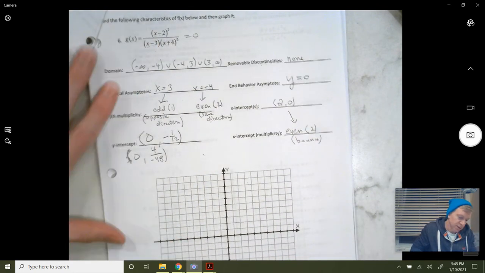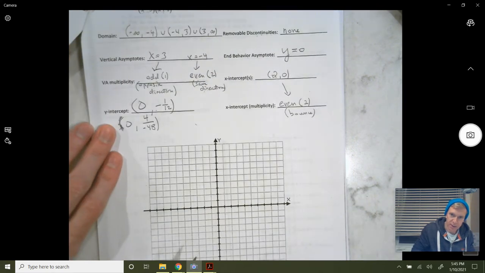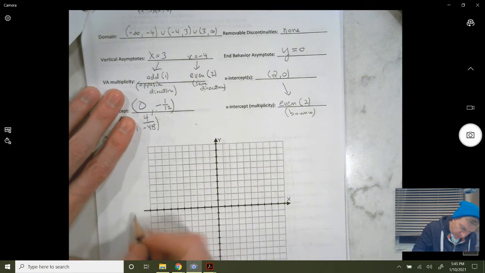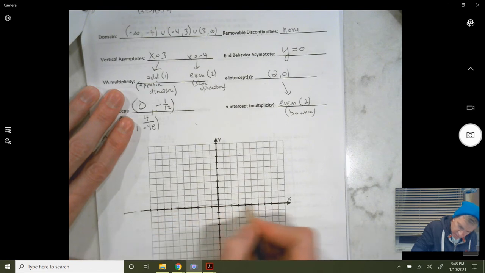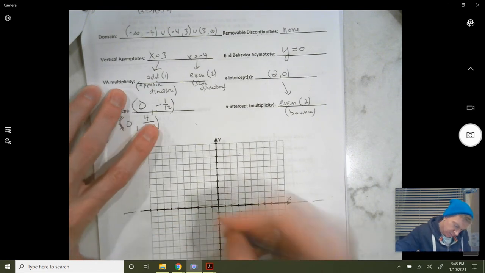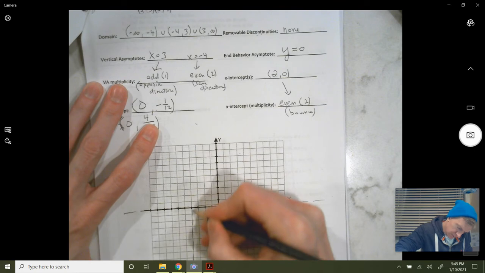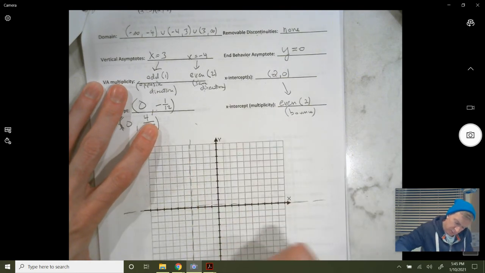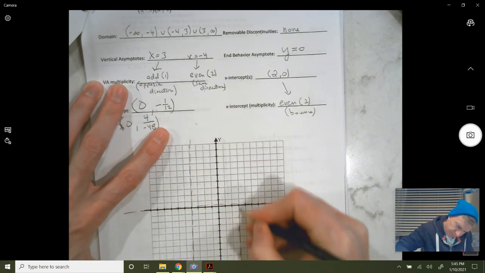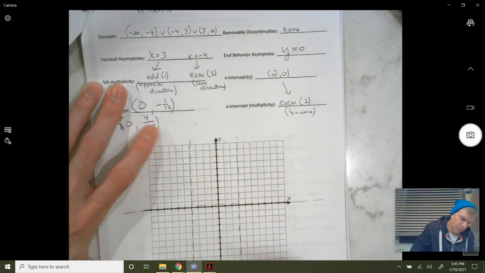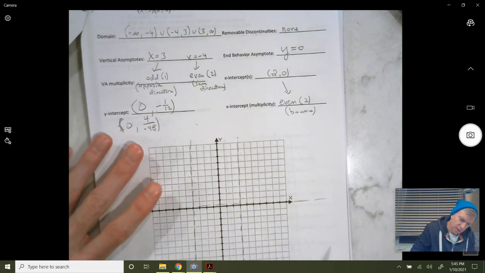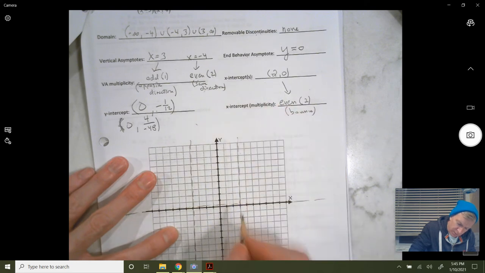Okay, let's graph. I'd like to graph my asymptotes first. Y equals 0. X equals negative 4. X equals positive 3. Now let's put any points that we can onto our graph. X-intercept is (2, 0).